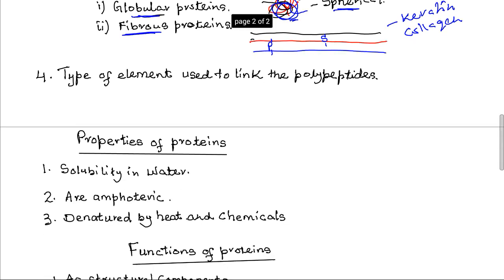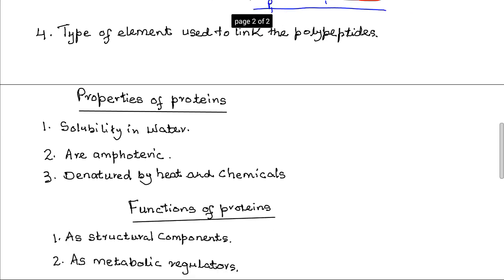Now, properties of proteins. Proteins are generally insoluble in water. Proteins would not dissolve in water the way carbohydrates such as monosaccharides and disaccharides would dissolve in water.